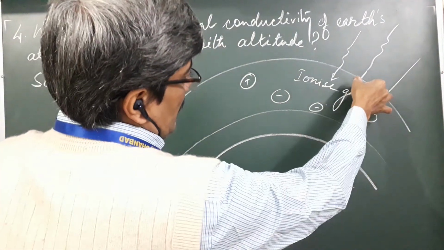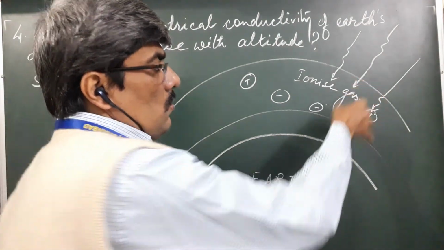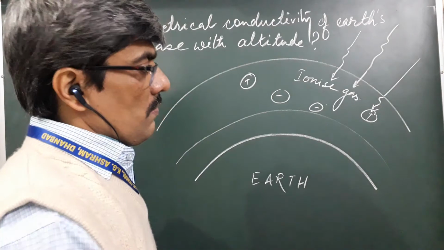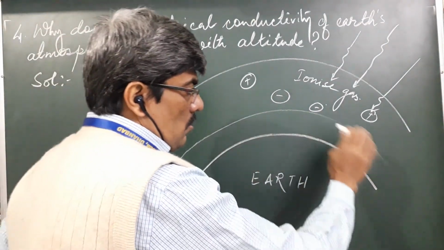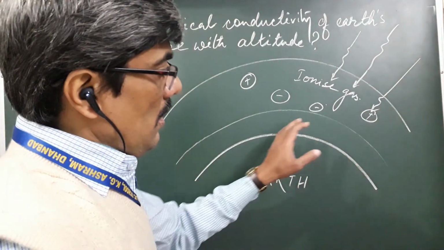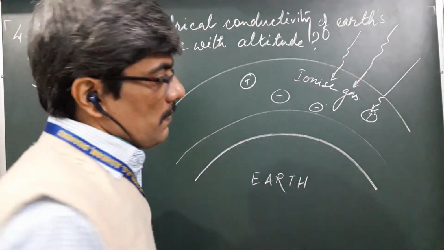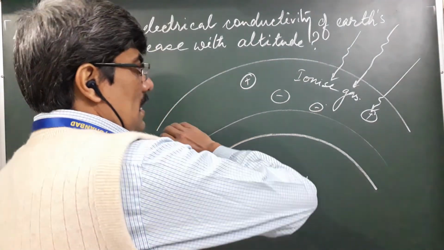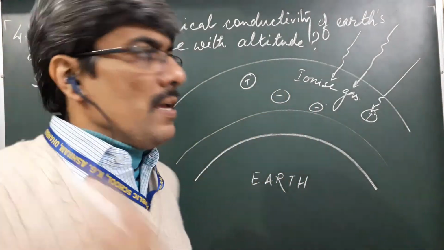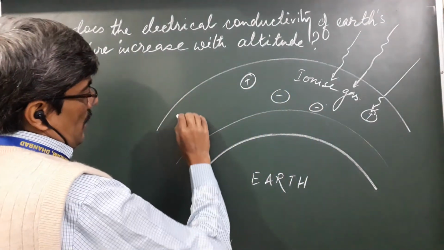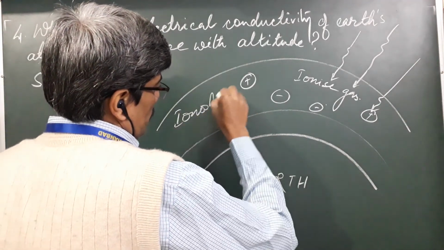But as they go in, as the density goes on increasing, they lose their energy due to lots of collisions, and they are unable to ionize the lower portion of the atmosphere, the gases which are closer to the Earth's surface. So a greater concentration of ions is found at a higher altitude, which basically, as you all know, is the ionosphere.